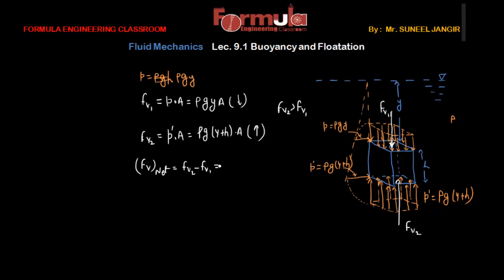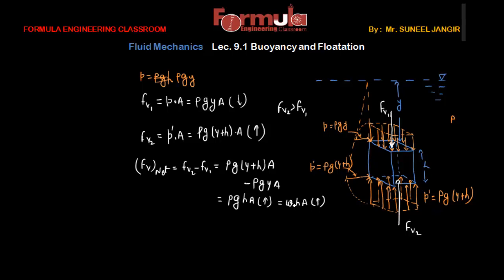We can write this as rho g (y plus h) into A minus rho g y A. The rho g y A terms cancel out, so the remaining term is only rho g h A, and this will act in upward direction. Rho g we can write as specific weight w, so it is w into h into A, acting upward.